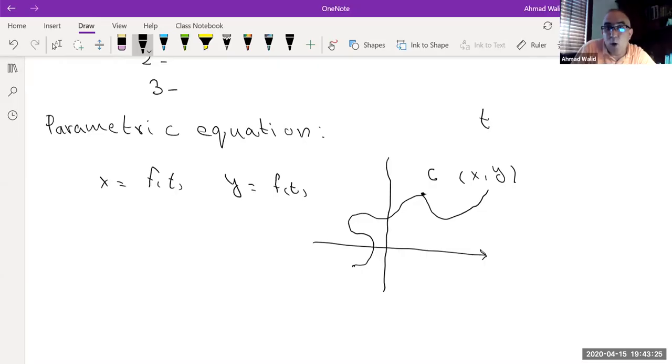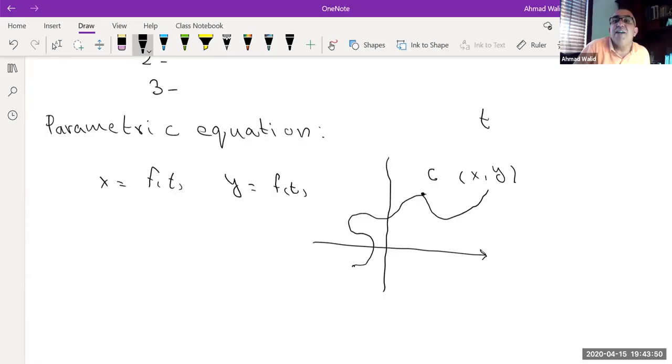And also, y has coordinates. It means y is a function of t. But t is not always representing time. Sometimes t is representing an angle. I will do a lot of examples for you. You will see it's just a third variable, and you can define x as a function of t, y as a function of t.